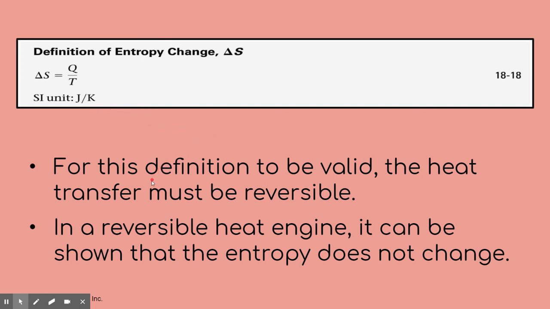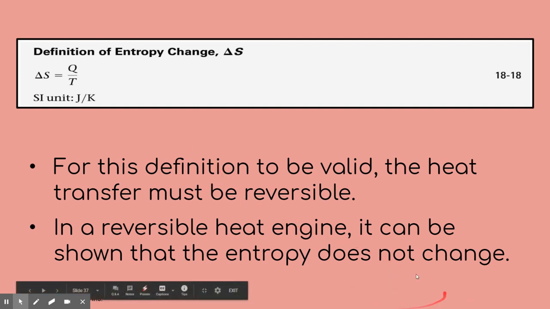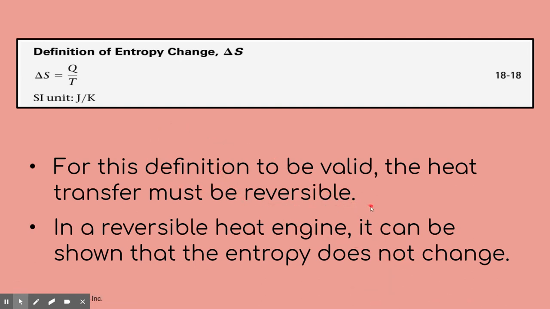So for this definition of entropy to be true, our heat transfer has to be reversible. And we know that, well, I guess you don't know, I'm telling you right now, in any reversible heat engine, our entropy will not change.